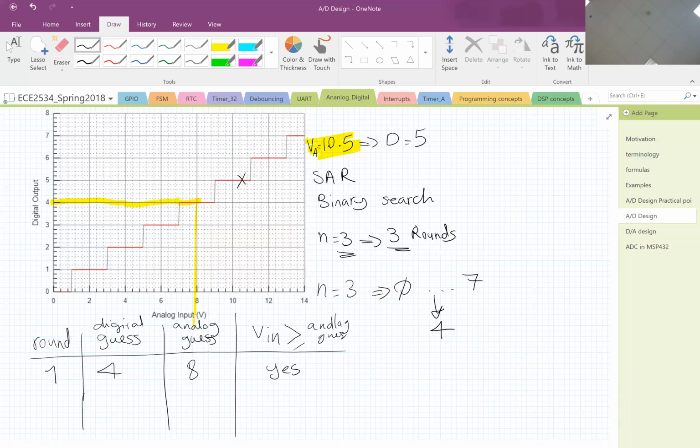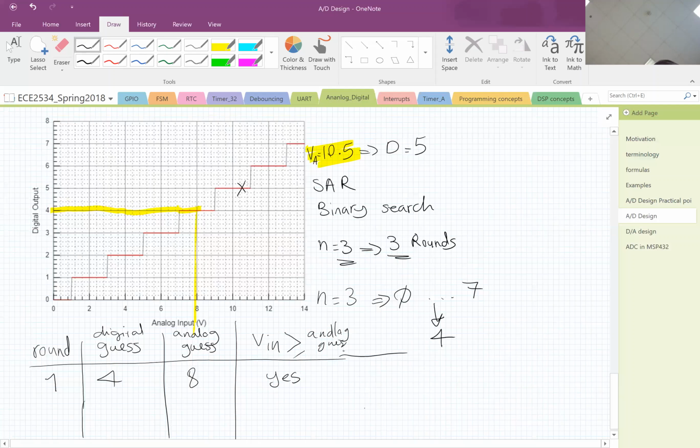And therefore, for this one, I say the bit is 1. The bit you make a decision about is always the MSB plus 1 minus round.